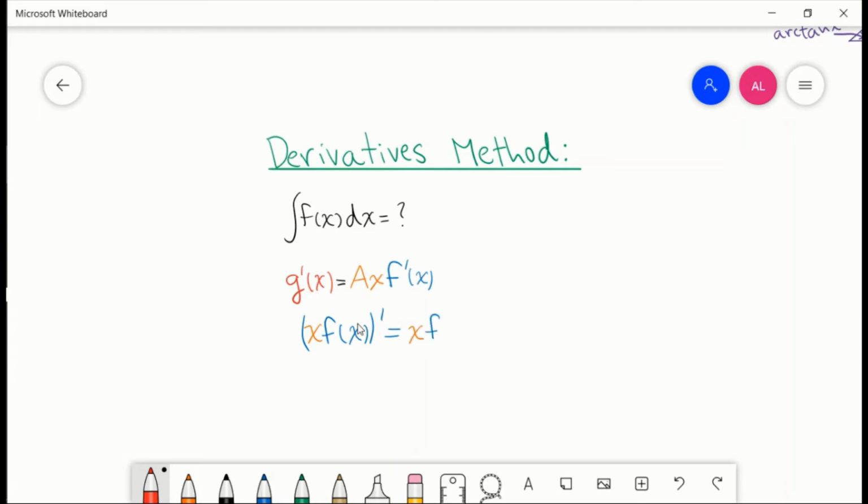So now what we do is we calculate the derivative of the product of x and f of x, which by the derivative product rule is equal to x times f prime of x plus f of x. So now we recognize x f prime of x as g prime of x over a. And now we subtract the g prime of x over a to the left-hand side of the equation, and the new equation is this is equal to this.